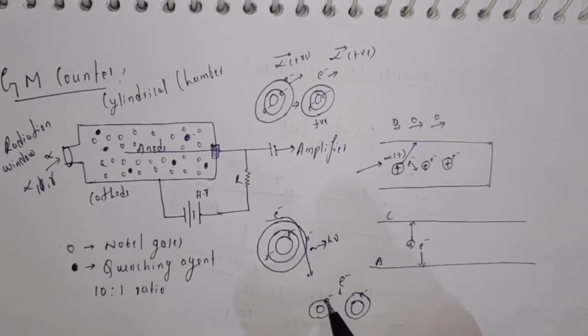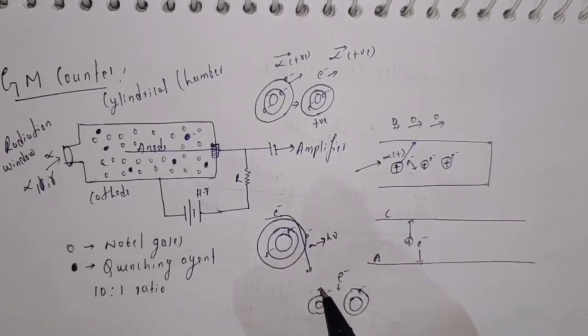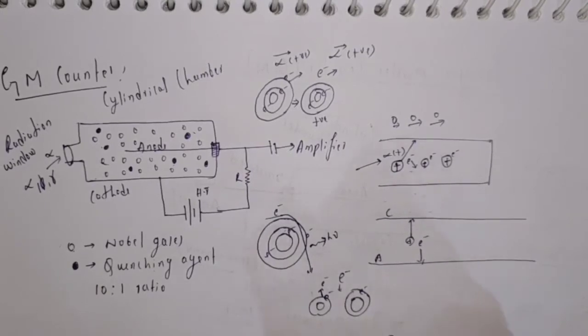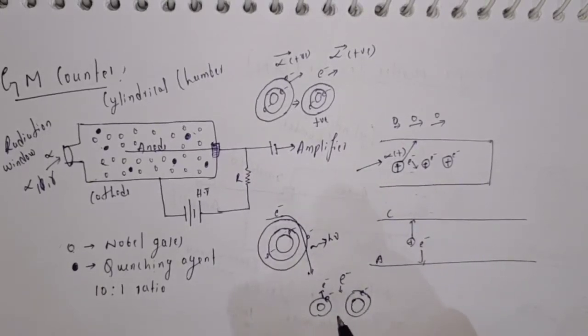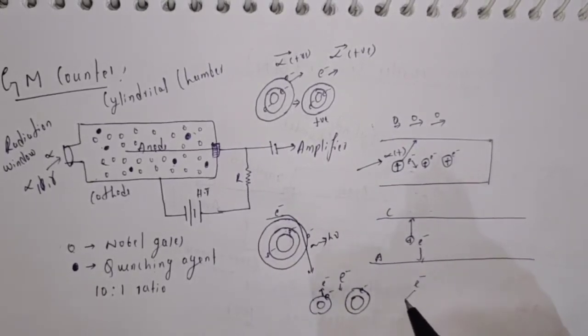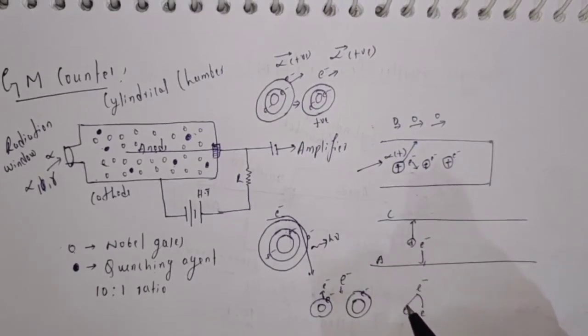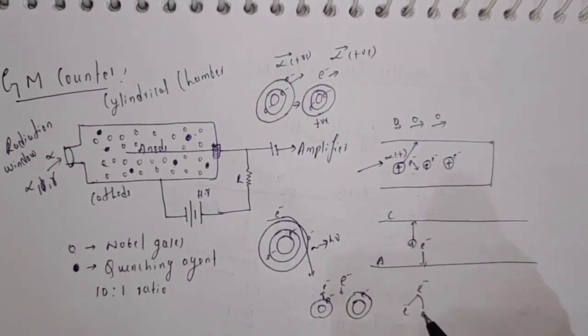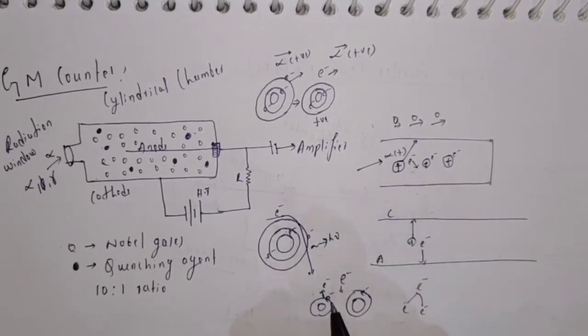Because of this, an electron is emitted from the atom, and a single electron becomes two electrons: one is the initial electron and the other is the electron emitted because of its kinetic energy.